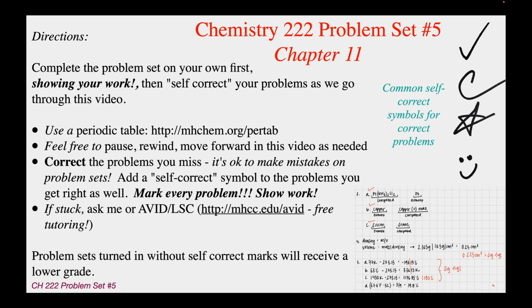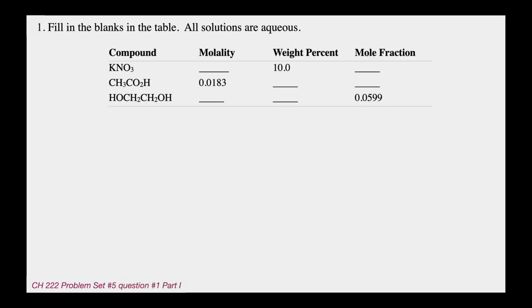So without further ado, let's get into the problem set and see what this material has to offer. We've got a table, all right, and this table is going to ask us how to convert from one of our new concentration units to the other. So as an example, in the first one, the first row right there, you can see it says KNO3, and it says that all solutions are aqueous.